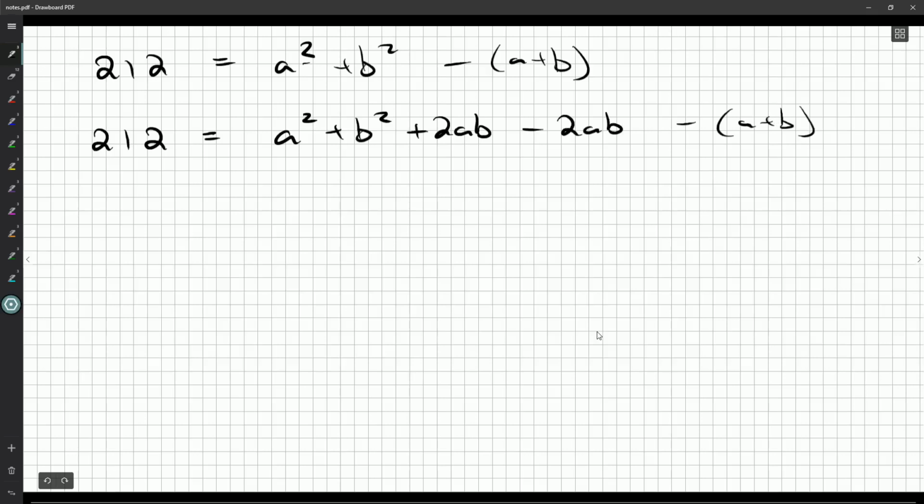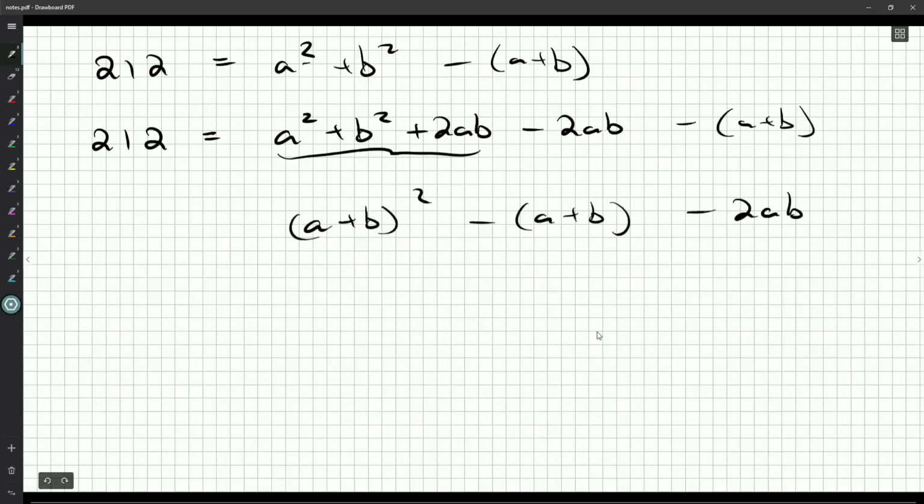Adding in something and then immediately subtracting it, I don't actually change the sum. But now with this 2AB here, I can group this part as A plus B all squared. And then we've got minus A plus B, and then of course a minus 2AB, but we'd like to know what minus 2AB really is.